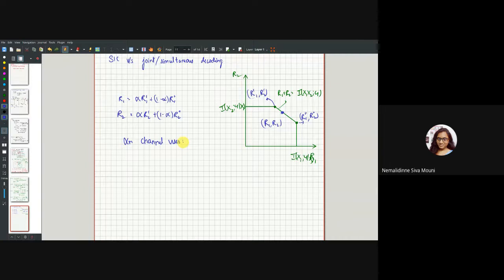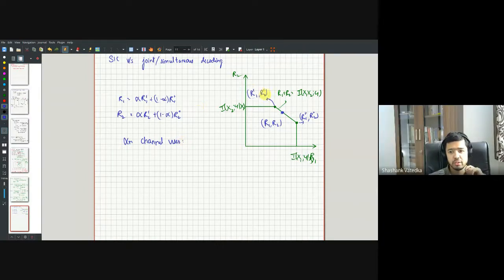Correct. So corresponding to R1 prime, R2 prime, you would have some particular encoder and decoder. Let's call this encoder prime, decoder prime. So for every n, there is an encoder prime and decoder prime. And similarly, corresponding to this other rate pair, there is some other set of encoders and decoders. So what would you do?